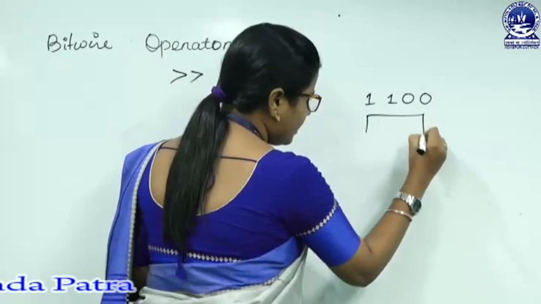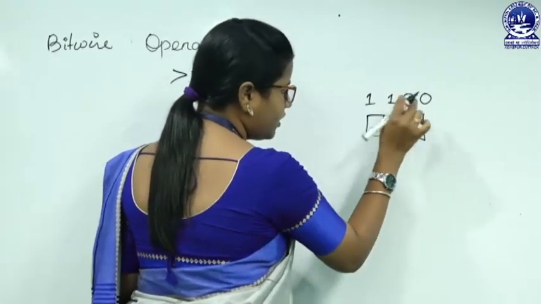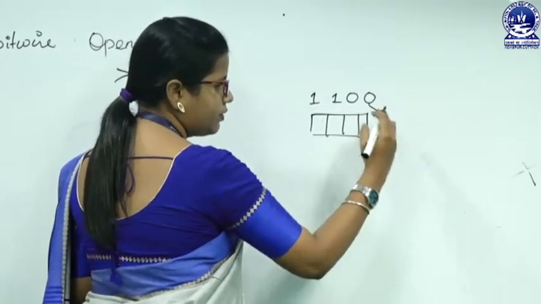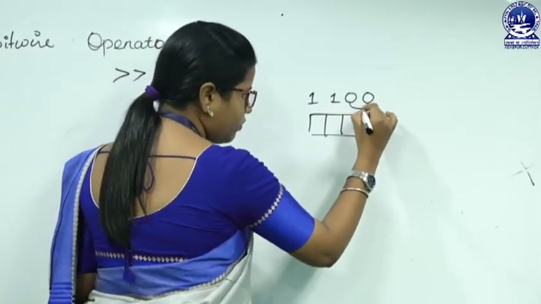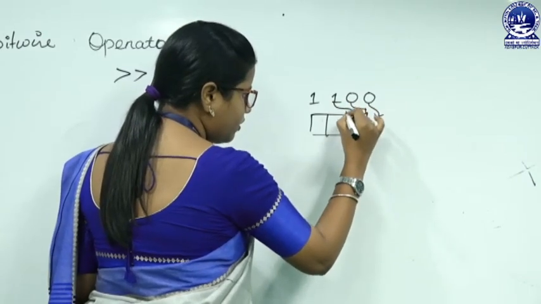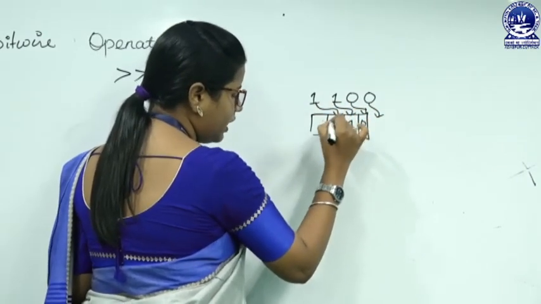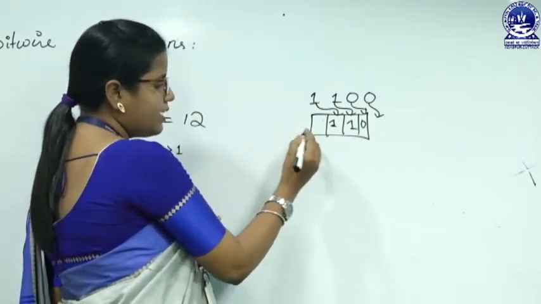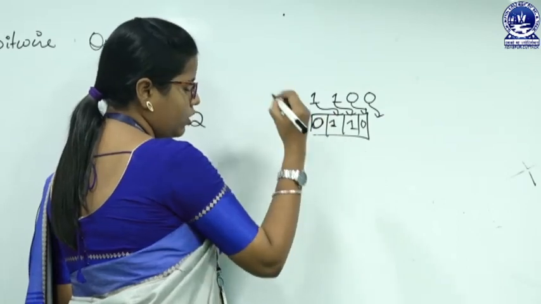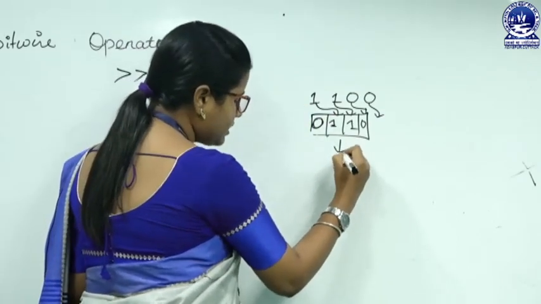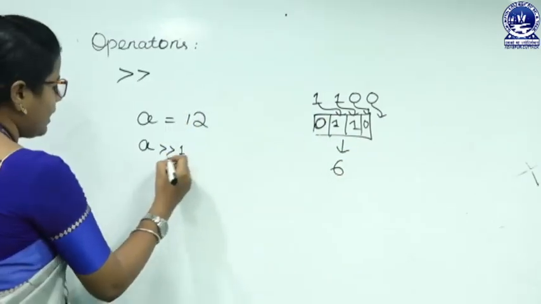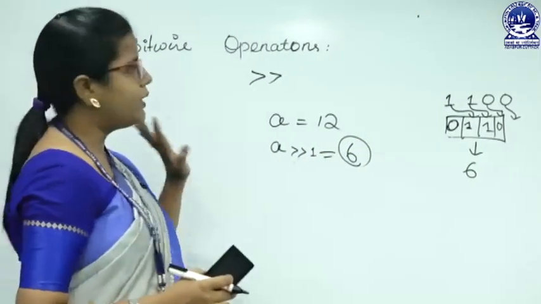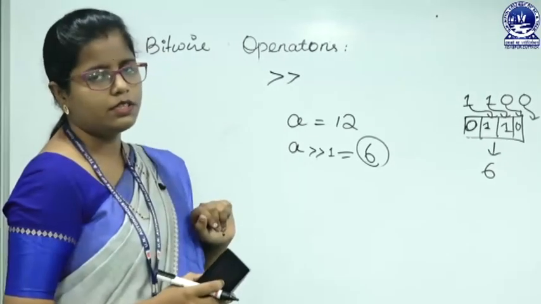That means here are 4 blocks 1100, then 0 will come to here, we are shifting right by 1 bit, then 0 will come to here, 1 will come to here and 1 will come to here. Next we have a space on the left side that will be filled with 0. So what is the result? It is 6. So A right shift 1 will result as 6. So this is the bitwise right shift.